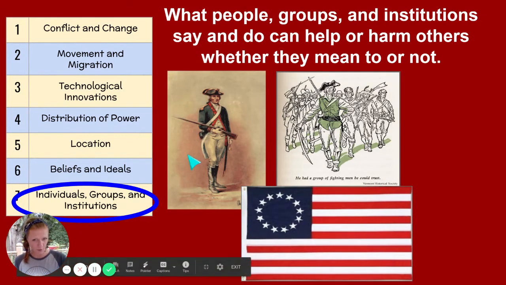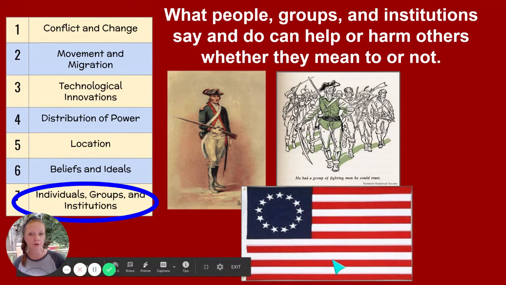So what does that mean? Think about school. You are an individual, your class is the group that you're in, and the institution is your school or your school system. So in these pictures, you see a soldier, you see a group of soldiers, and then you see the flag. The institution is the country. So you go from a small group of 1 to larger groups.